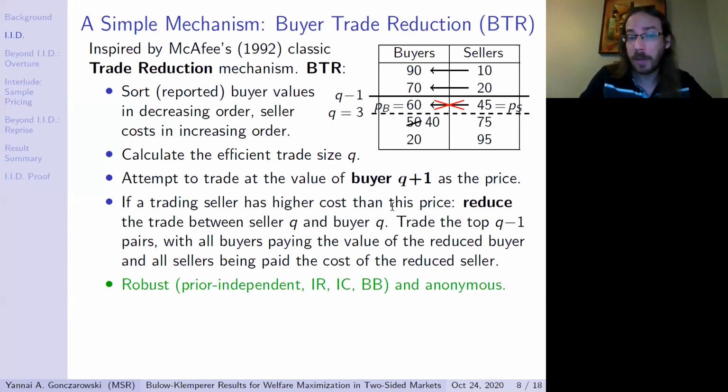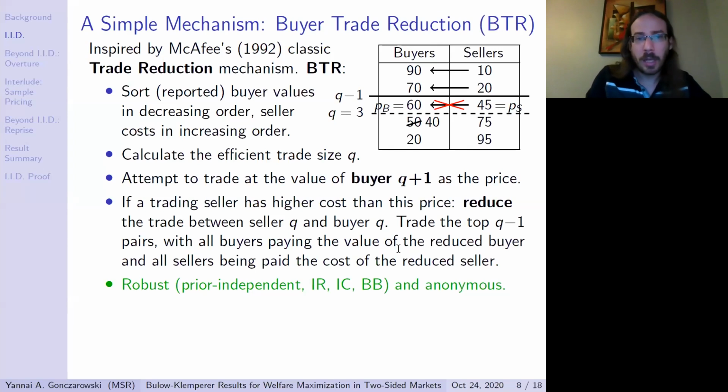No buyer is ever going to pay more than their value. It turns out to be incentive compatible. I'm not going to check this. This is very similar to McAfee's proof for the trade reduction mechanism. And it's budget balanced. As you saw, the mechanism never loses money. Either everyone trades at the same price or the buyers pay more than the sellers have to be paid.